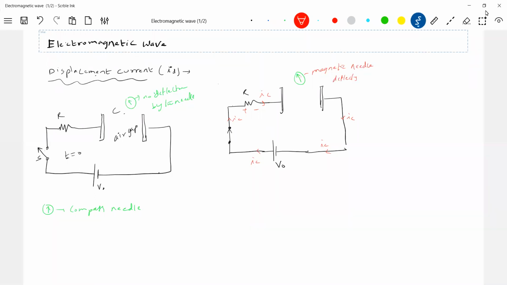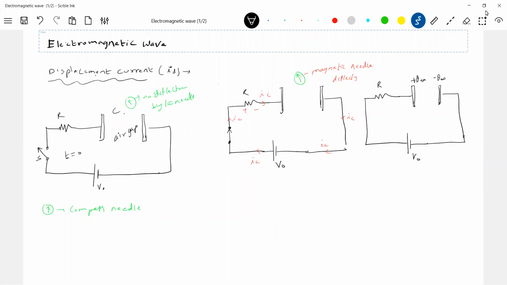And finally, it will attain a steady state. So that we will take as Q infinity.